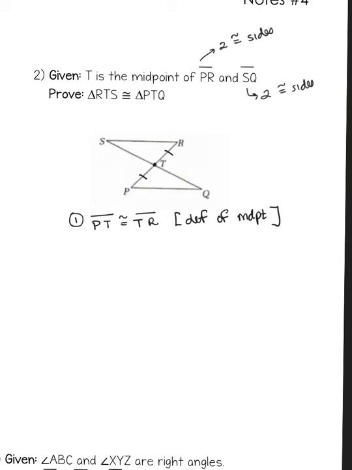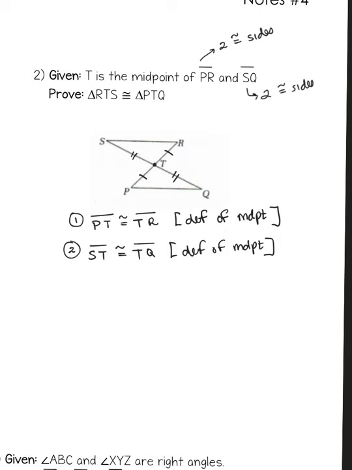Okay, I also know T is the midpoint of SQ. So SQ is being cut into two pieces. So I can say that ST is congruent to TQ. And that is also the definition of midpoint. So that was all of the information we were given.